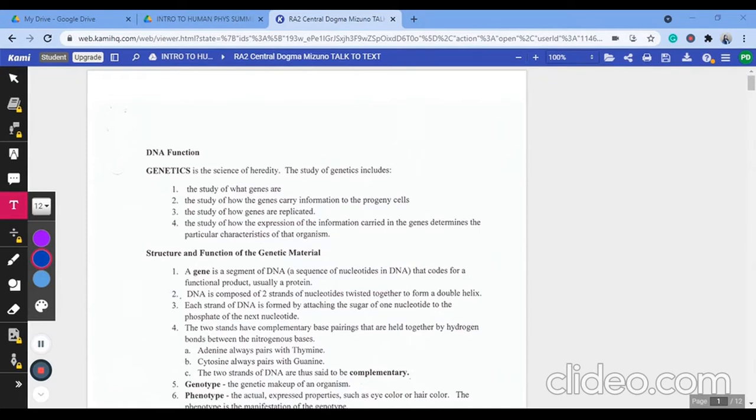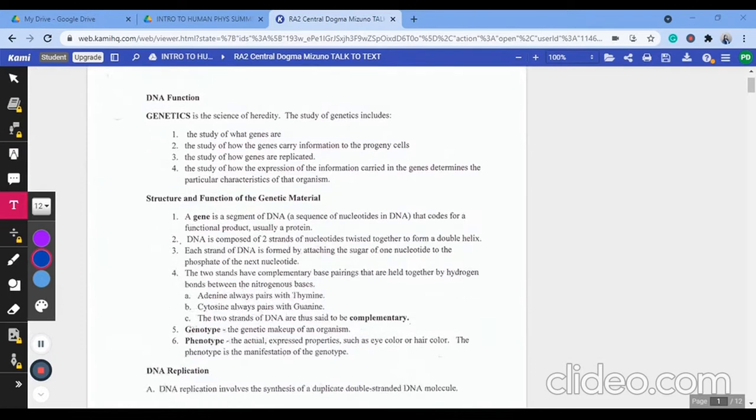Before I show you my process of annotation and my thought process, I will look over the different parts or sections I will tackle for this subject today. The first is the meaning of genetics.